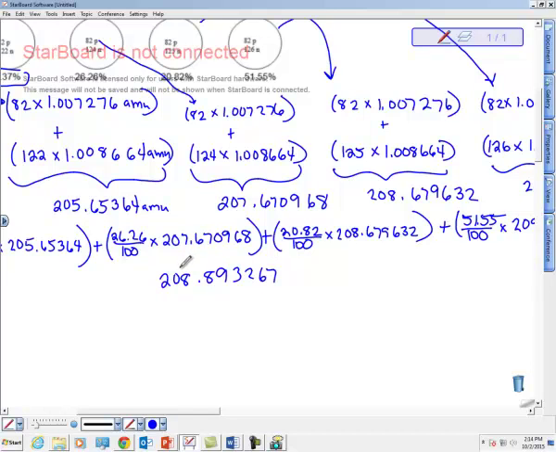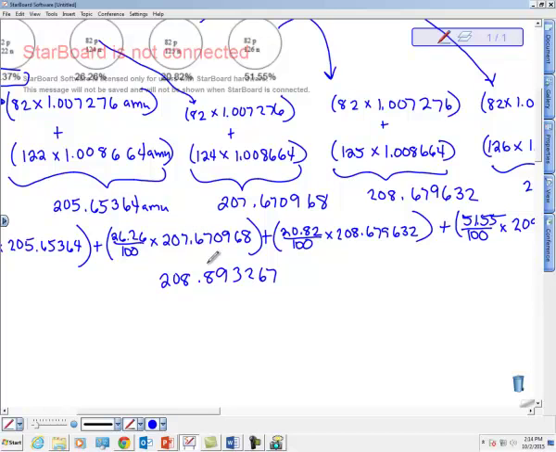Okay, everyone. Now let's talk a little bit about sig figs. Sig figs do not come from percents, they come from mass. So the only masses that you really had, if you look at the original problem, actually came from the mass of the protons and neutrons. So we're going to look at those. 1, 2, 3, 4, 5, 6, 7. So protons have 7 sig figs. 3, 4, 5, 6, 7.